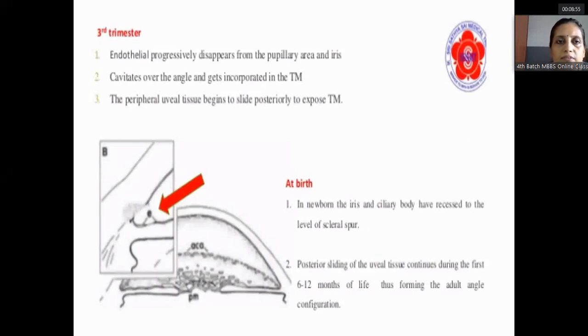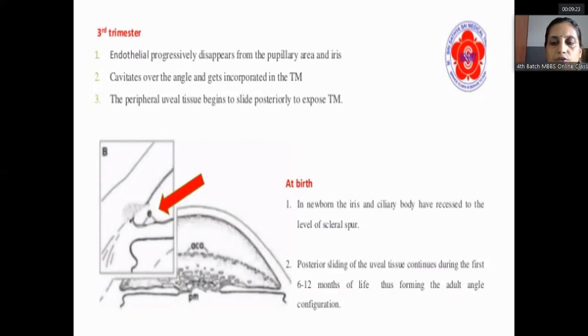In the third trimester, the endothelium progressively disappears from the pupillary area and the iris. Now you remember where is the pupillary area and the iris. In the figure, it's shown there. The endothelium cavitates over the angle and gets incorporated in the trabecular meshwork, and the peripheral uveal tissue begins to slide posteriorly to expose the trabecular meshwork.